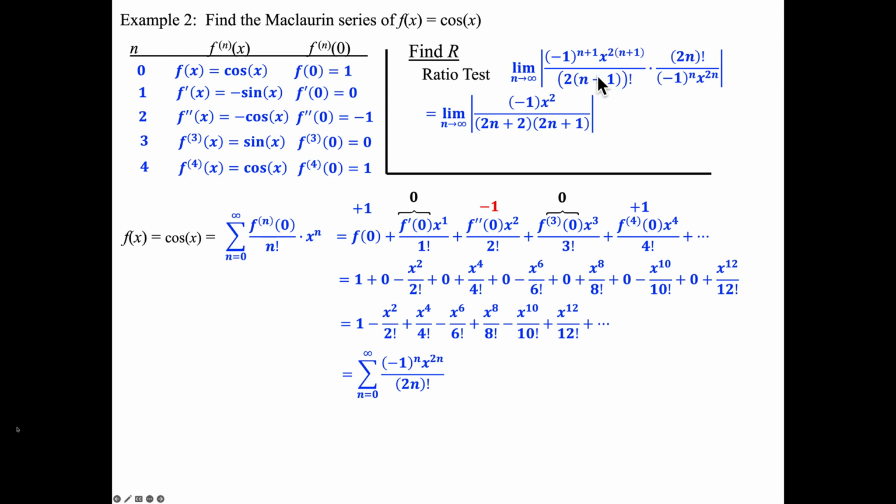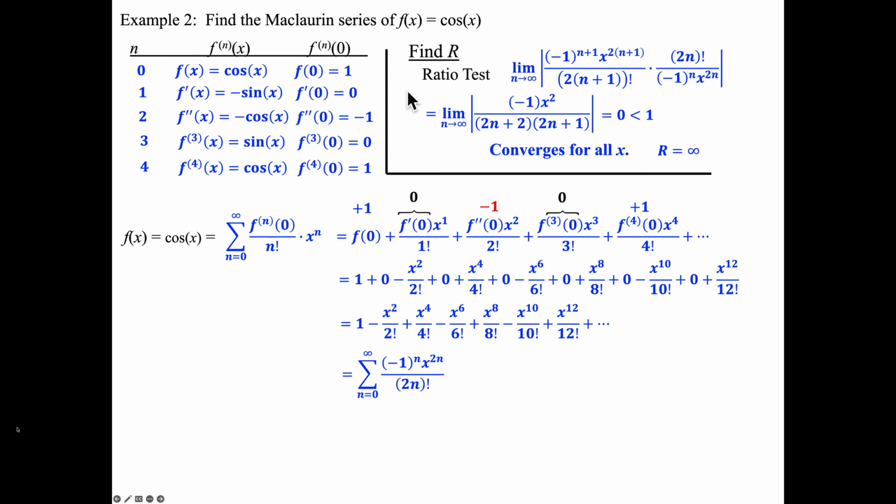And 2n plus 2 factorial will break down to 2n plus 2 times 2n plus 1 times 2n factorial, and that will cancel. So the limit here, -1, becomes positive. The bottom is going to get bigger while the top stays the same, just x squared. So again, we're approaching 0. That's less than 1. And again, this converges for all x with a radius of infinity.